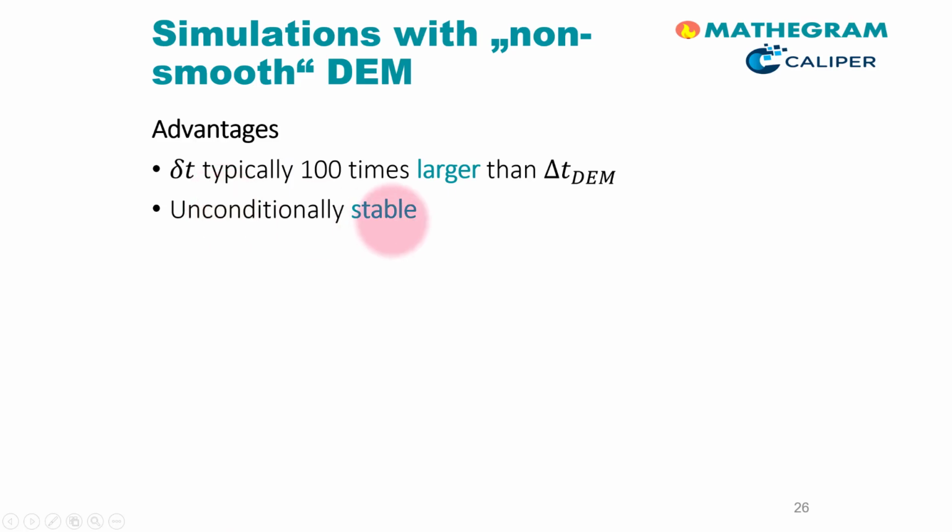In contrast, this is not the case for classical soft sphere DEM because of its explicit force evaluation and time stepping. Finally, non-smooth DEM considers infinitely stiff particles, and hence there is no stiffness effect on the simulation results. Of course, this is only an advantage over soft sphere DEM in case the particles to be simulated are very, very stiff.